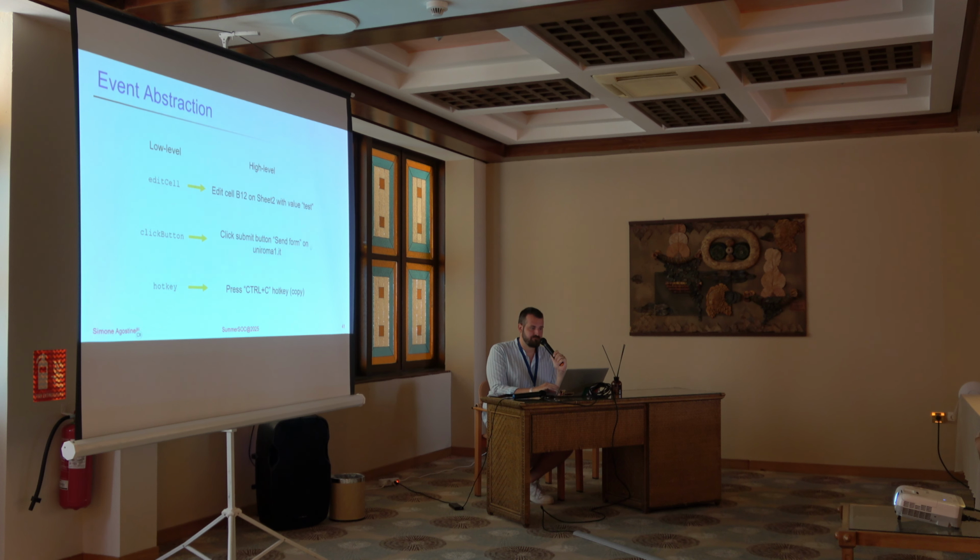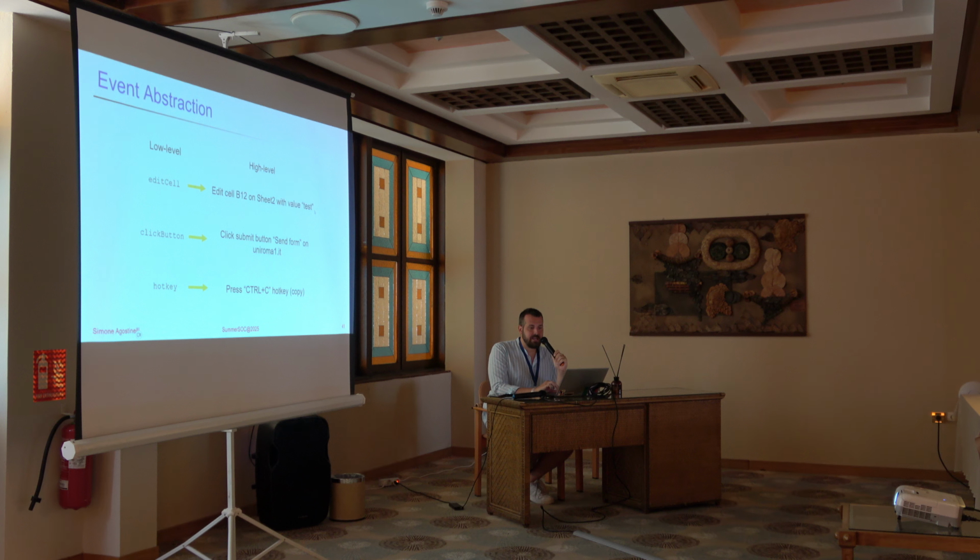For example, here on the left-hand side, we have a low-level user action, which is for example, edit cell. When a user edits a cell, given as input to this stage, it will be returned in output an informative string like this: edit cell B12 on sheet 2 with value test.